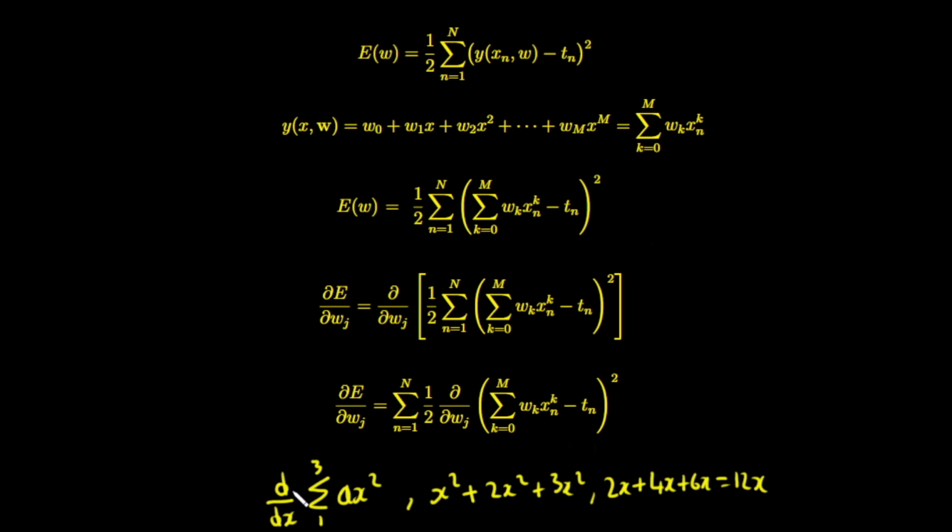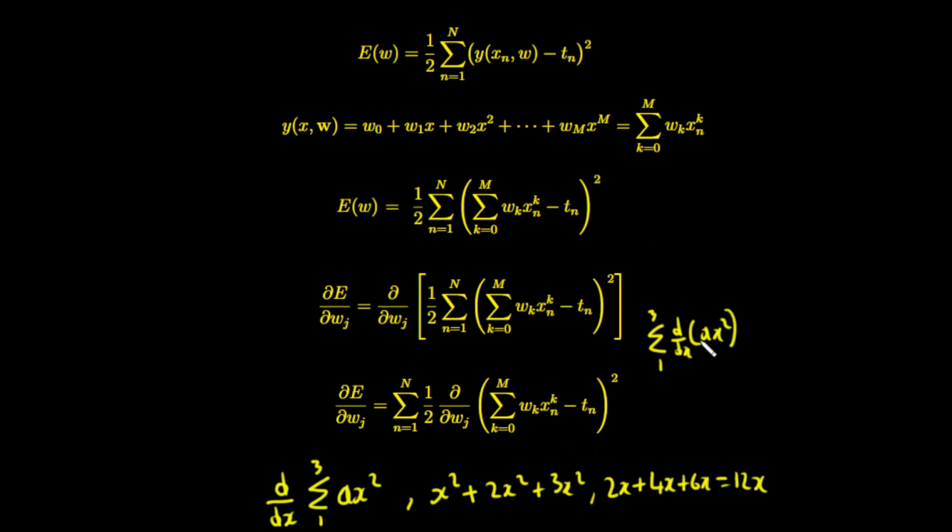So that's differentiating outside the summation, but again we could then go ahead and differentiate inside the summation. So if we differentiated inside the summation, we would have the sum from 1 to 3 over d by dx of ax squared.